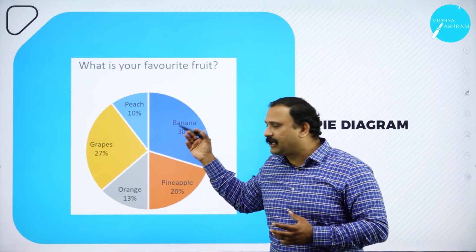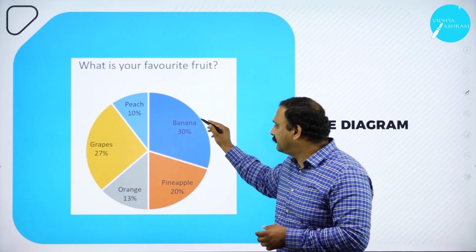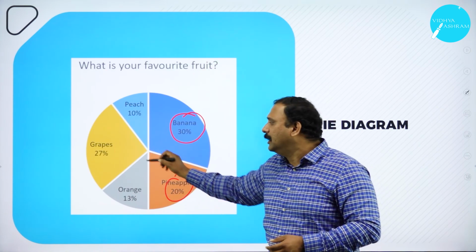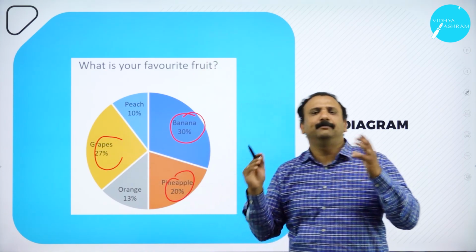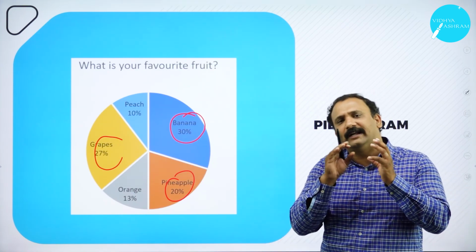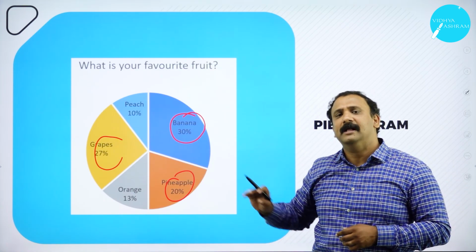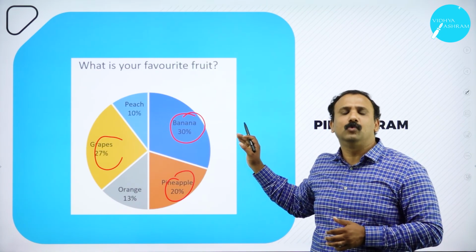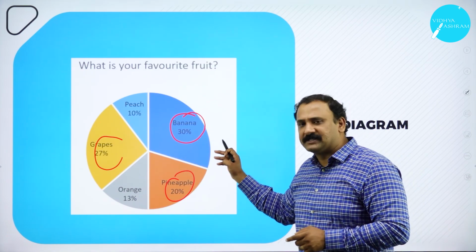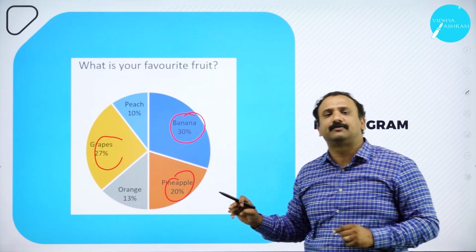People have given their own research data: 30% of the people have supported banana, 20% pineapple, 27% grape, and so on. But if you look at it in a tabular form or in a theory form, this entire data would come to 2 or 3 pages. Using a pie diagram, you can represent it in less than a square space altogether.